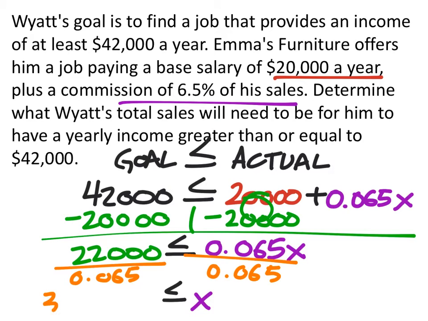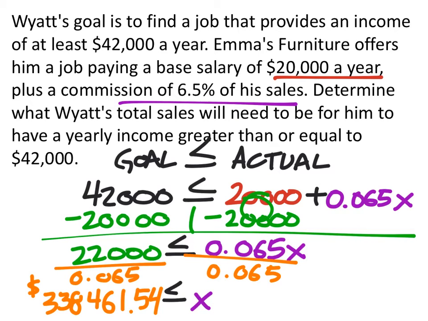I didn't expect it to be that big. I get 338,000, and I'm going to round to the nearest penny. That seems appropriate. I guess it didn't really say, but I'm going to. $338,461.54. Now, it was 0.538, but the 8 rounds the 3 up.